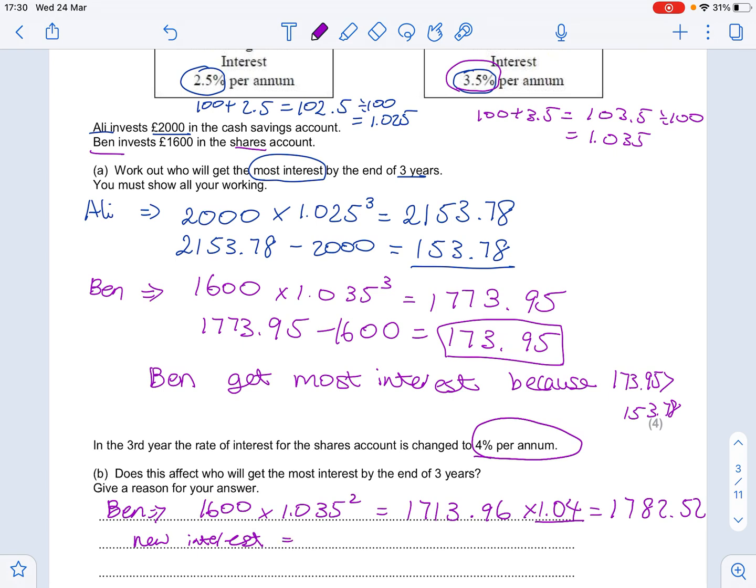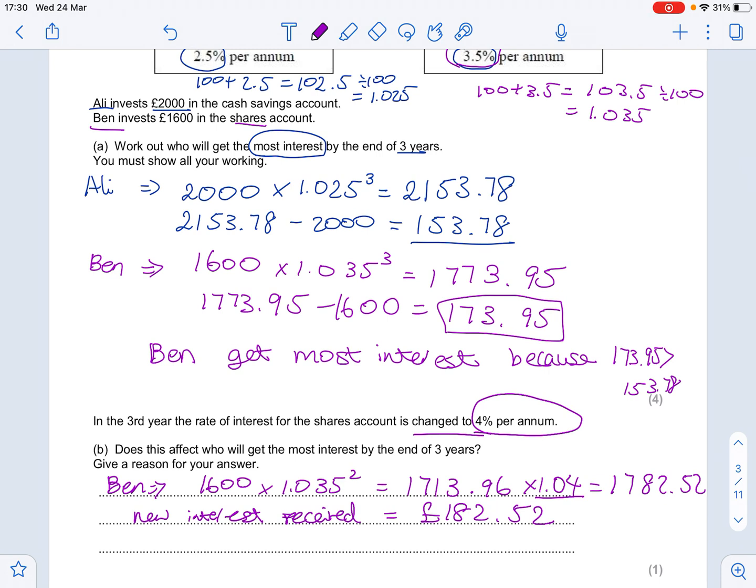So his new interest received is going to be minus 1,600. So with the new change of interest, the interest Ben received in total is going to be 182.52.